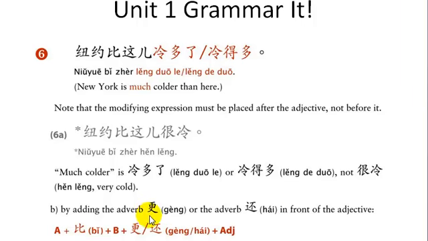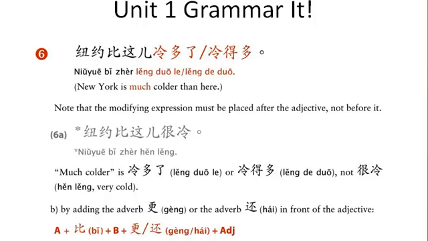Okay, we can also use 更 or 还, in this case before the adjective. So we have A, 比, B, and then 更 or 还, and then the adjective. So these two, when used, come before the adjective. These others, when they're used, they come after.